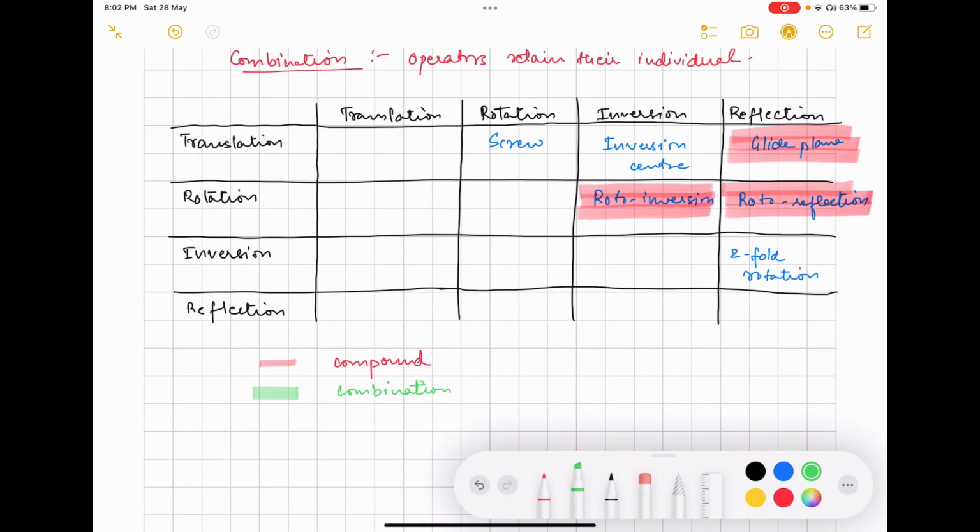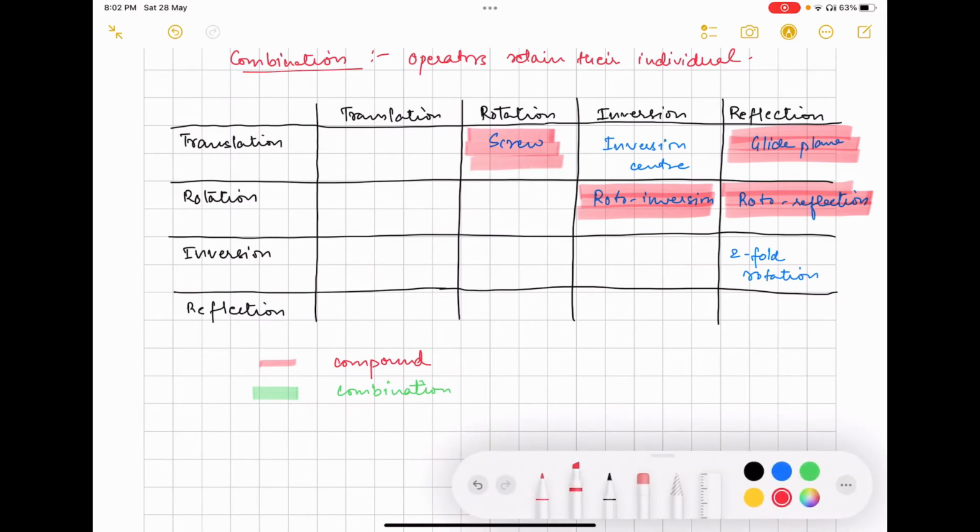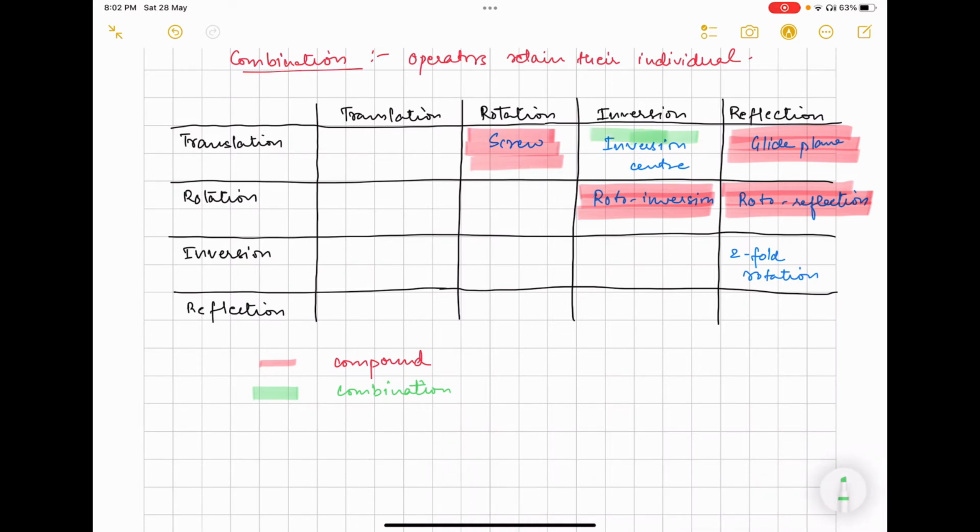Whereas also screw is also a compound operator. Whereas this inversion center and twofold rotation, these are combination operators. Now let us check the compound symmetry operators one by one.